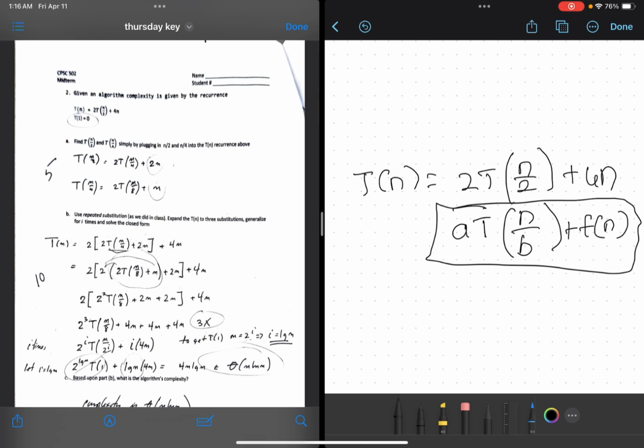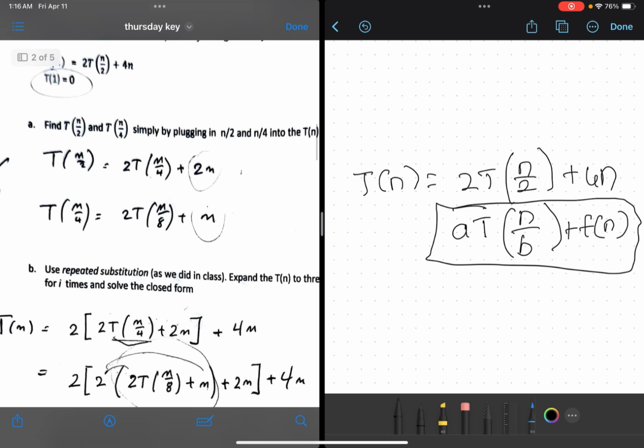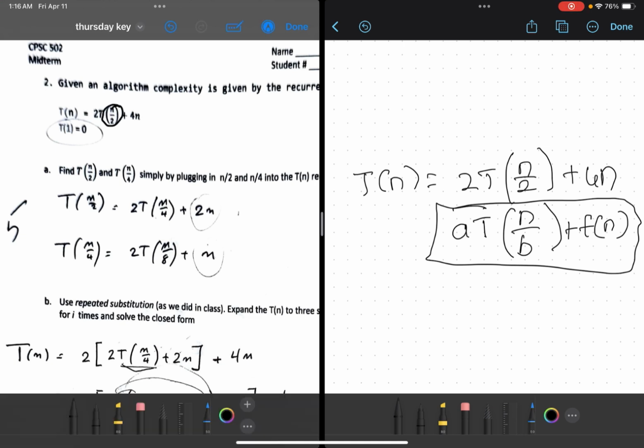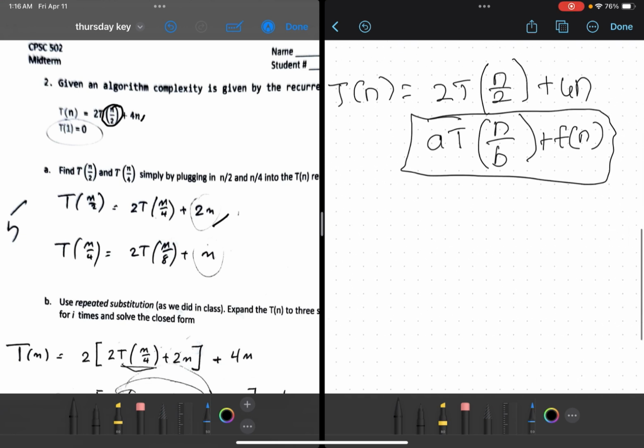So we have to find T of n by 2 and T of n by 4. We just need to plug in those values here. If you observe, we just substitute these values, substitute n by 2 in place of n, and you'll get 2T of n by 4 plus 2n. Substitute n by 4 and you'll get 2T of n by 8 plus n. I'll just show you how we got it.